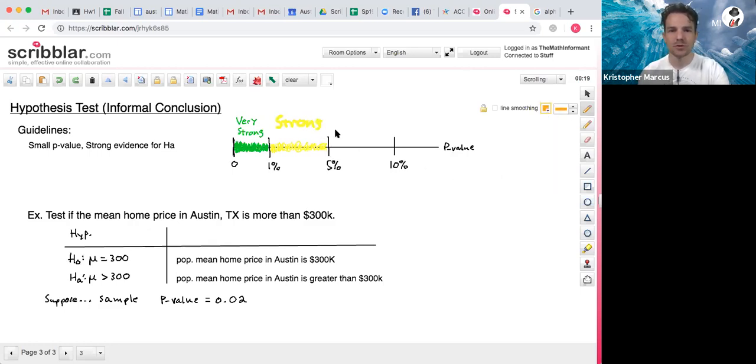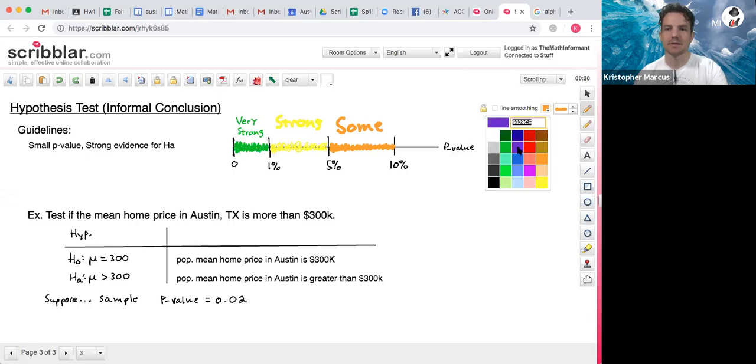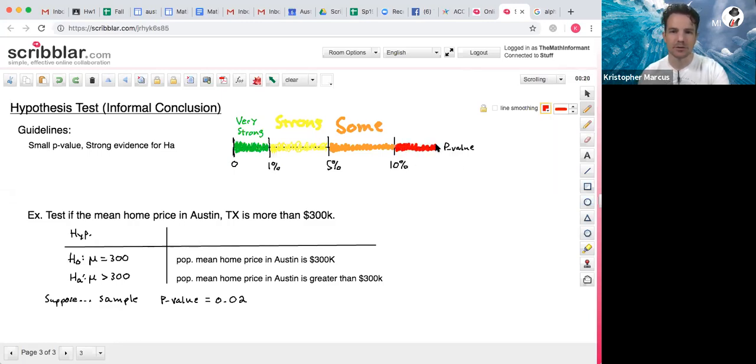Then as we move further to the right, any p-values between 5 and 10%, we would say that there is merely some evidence. And then finally, as we go past the 10% mark for any p-value, this is the zone where we would simply say there is no evidence or extremely weak evidence.